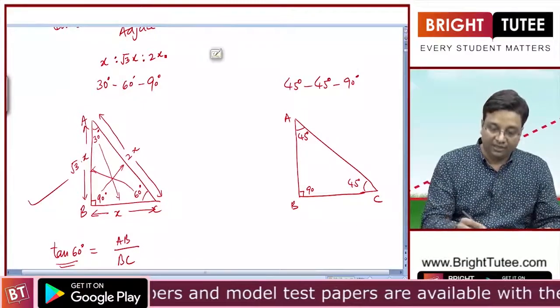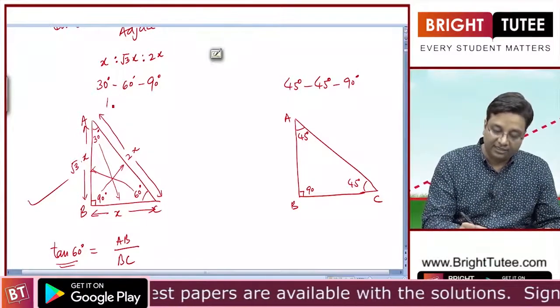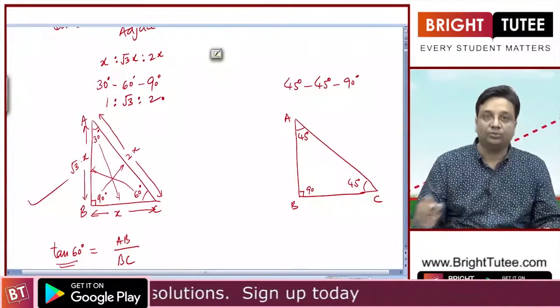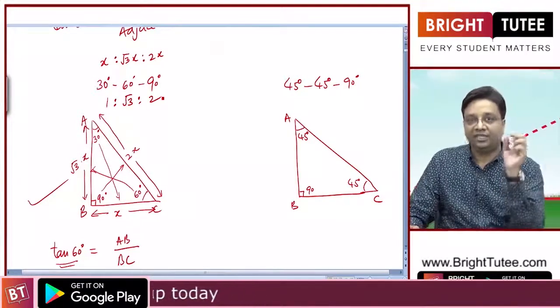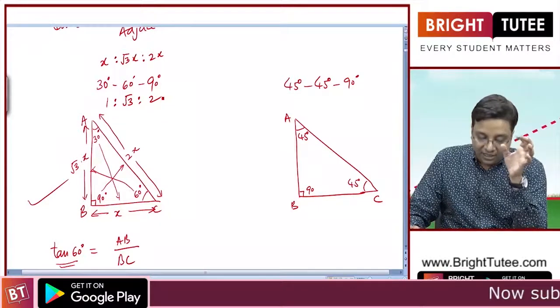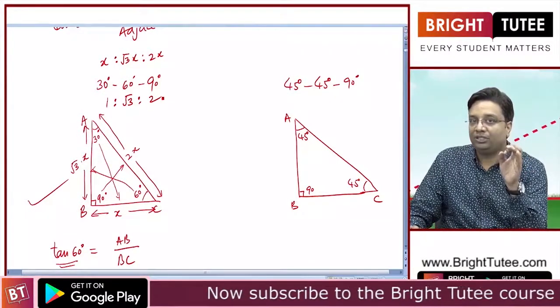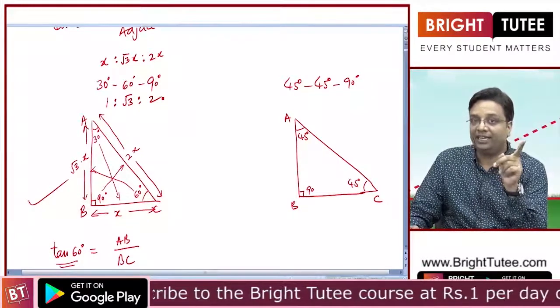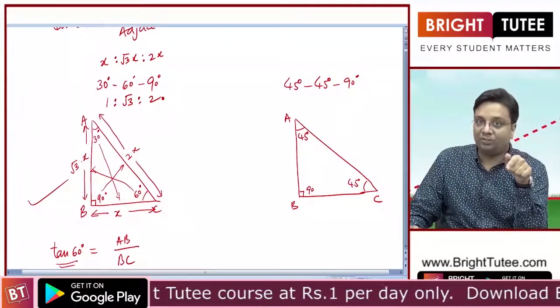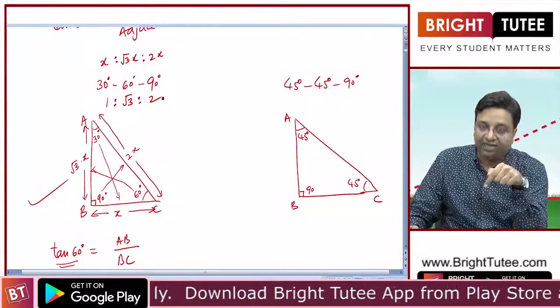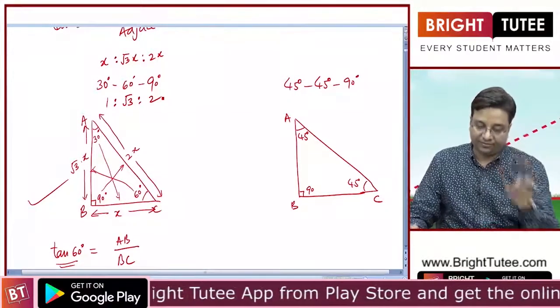So if I ignore this x here, I can say that the ratio is 1 is to root 3 is to 2, right? So in a 30, 60, 90 triangle, the ratio of sides is always going to be 1 is to root 3 is to 2, and you need to take care that 1 is opposite to 30 degrees, root 3 is opposite to 60 degrees and 2 is opposite to 90 degrees, right?